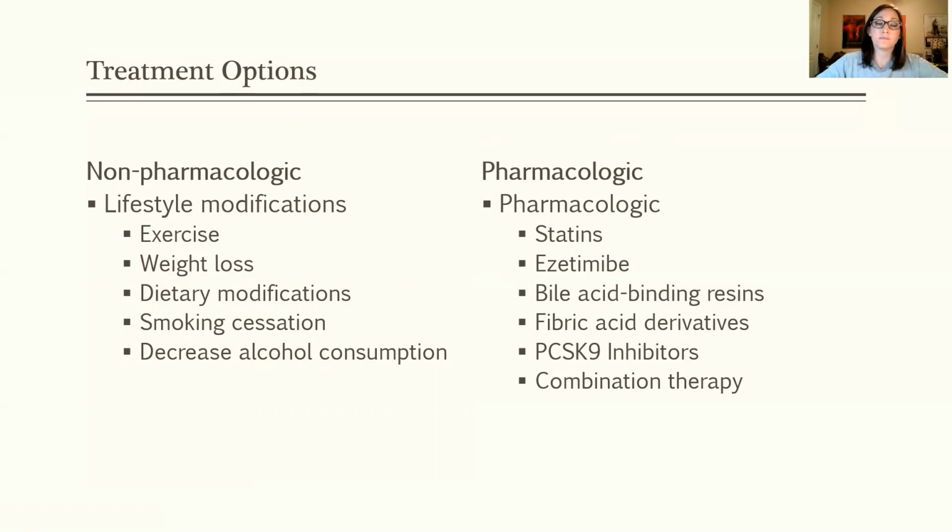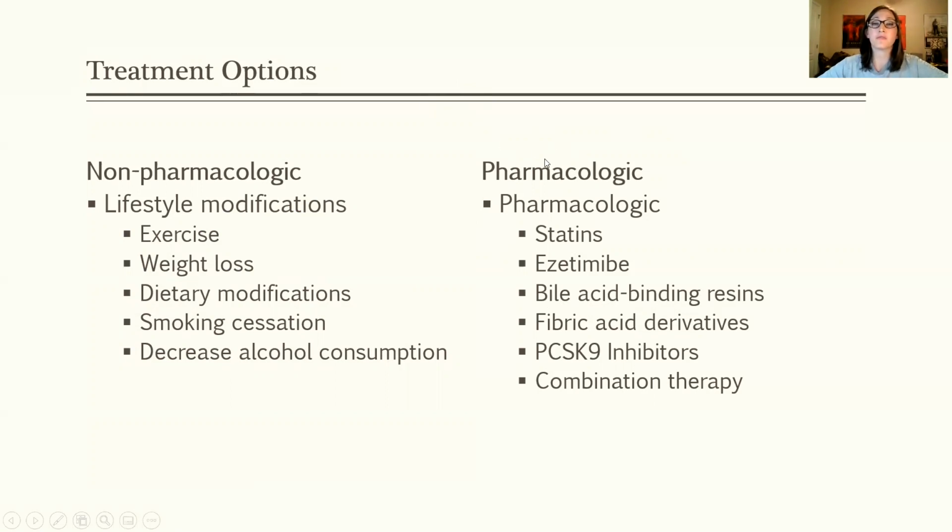Smoking cessation has a huge role in hyperlipidemia. The constriction that smoking does to your vessels, on top of other factors, is essentially clotting your vessels. So smoking cessation can really lessen the effects of hyperlipidemia. And also decreasing alcohol consumption.